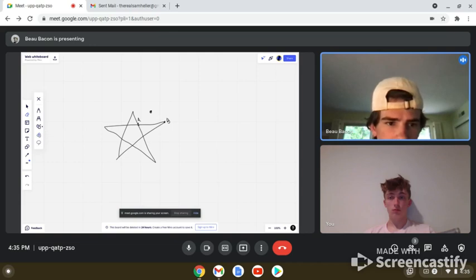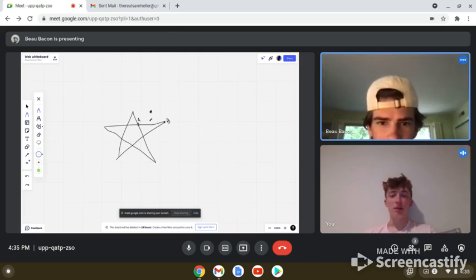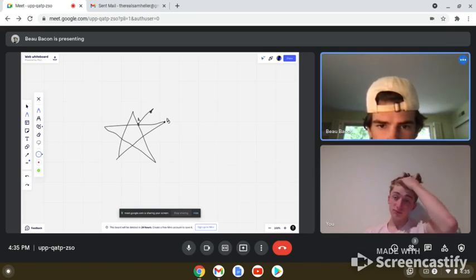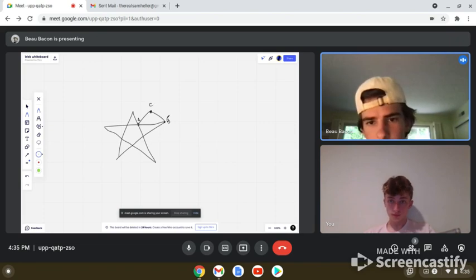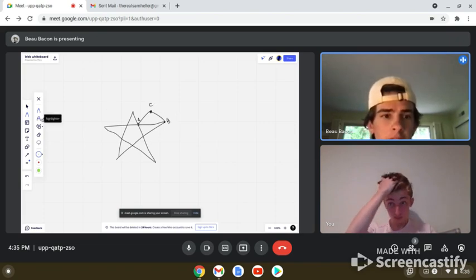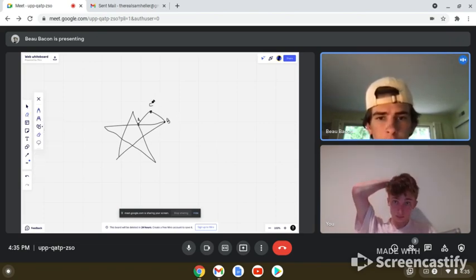I don't know if it's going to let me erase without erasing the whole thing, but imagine the line connecting A, B will disappear completely in this scenario. But we can always go from A to this point C and from C back to B. And then we can always go back to just AB.